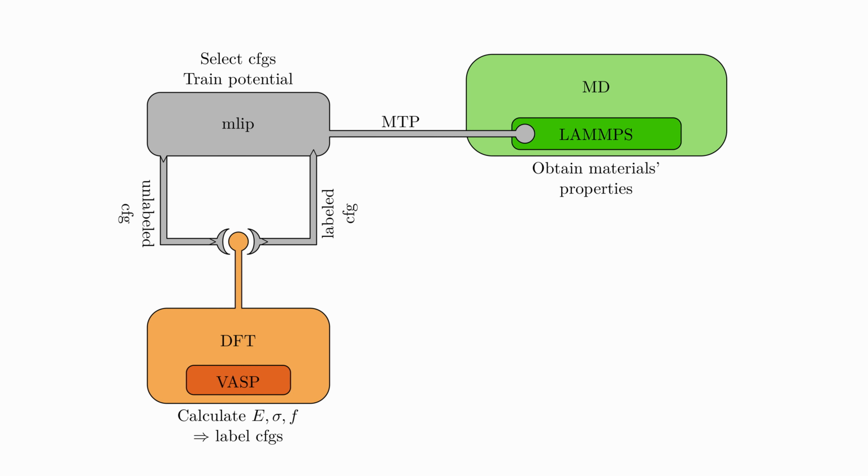This usually only happens in the training stage. The MLIP package deals with all questions of configuration selection, training, and testing of the MTP. The fitted MTPs are employed by LAMMPS to run MD runs without any further modification of existing code, allowing a seamless integration of MTPs in established workflows.